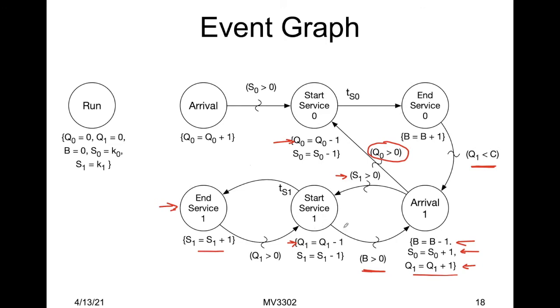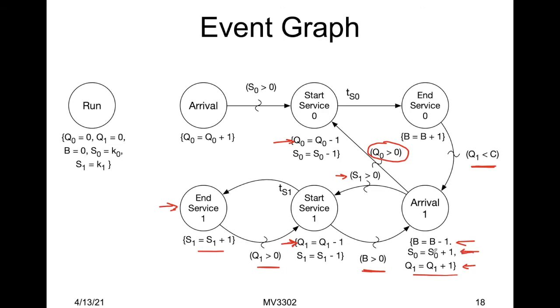And if there are a bunch of blocked parts, then there have to be parts in this queue. So this will schedule a start service at the second station. When that occurs, we take a part out of the queue, which in turn schedules an arrival here, which unblocks.